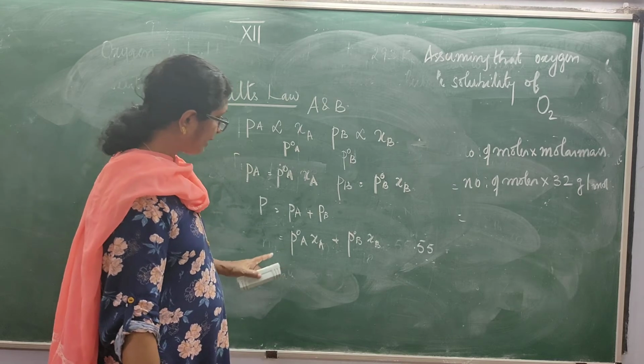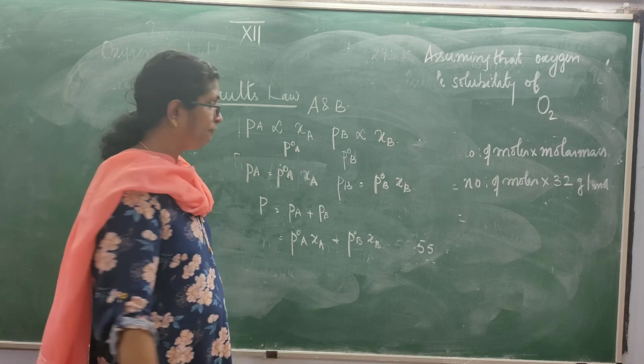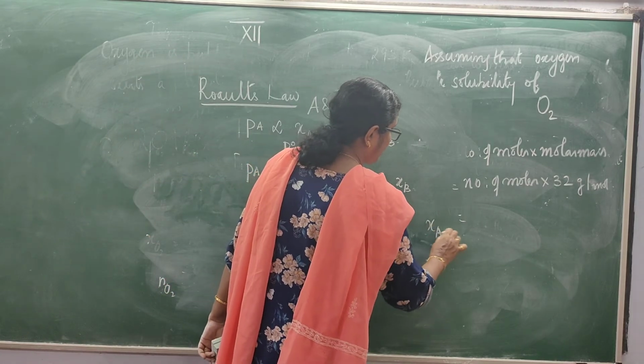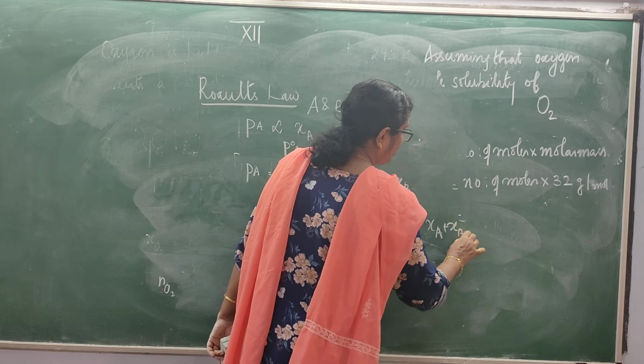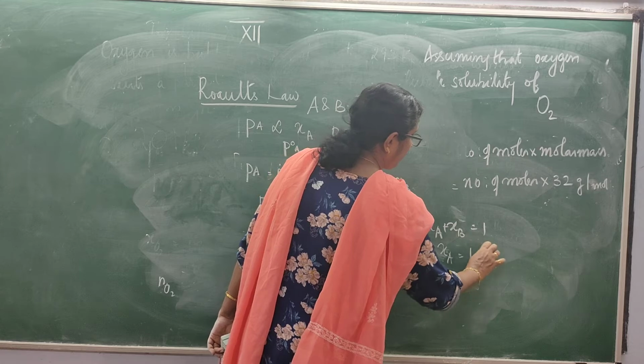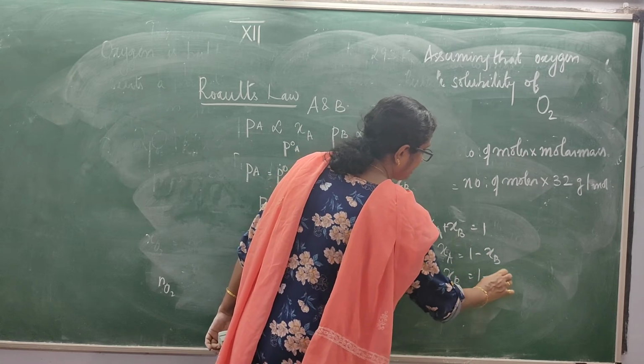So, total pressure P will be equal to P naught A into XA plus P naught B into XB. And you have seen mole fraction of two components, XA plus XB is equal to 1. Then XA is equal to 1 minus XB, or XB is equal to 1 minus XA.